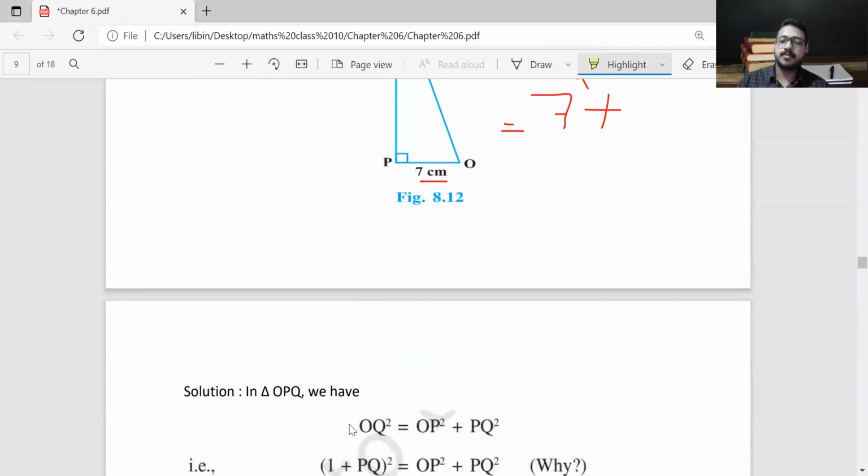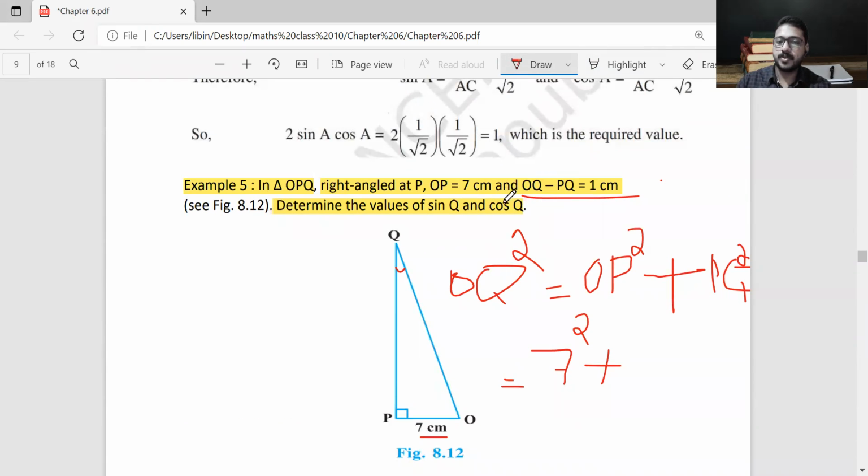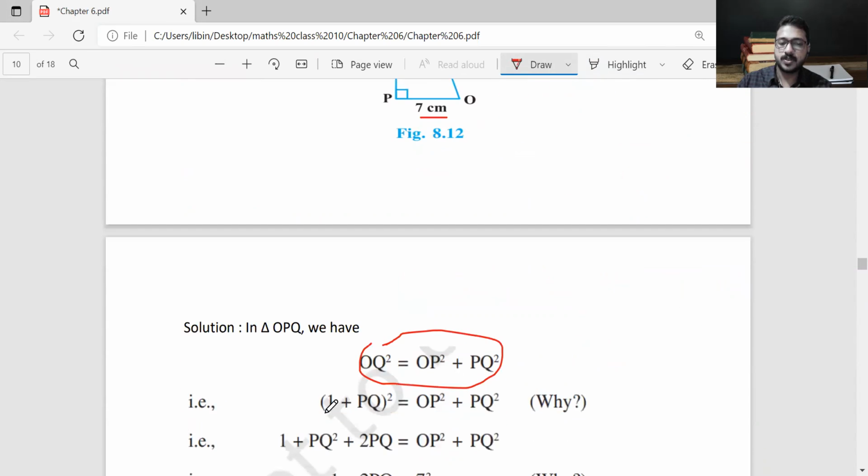By our Pythagoras theorem, we can write OQ squared is equal to OP squared plus PQ squared. And instead of OQ, as I have shown you, we substitute 1 plus PQ. So 1 plus PQ whole squared is equal to OP squared plus PQ squared. Then we expand it: 1 plus PQ squared plus 2PQ is equal to this.